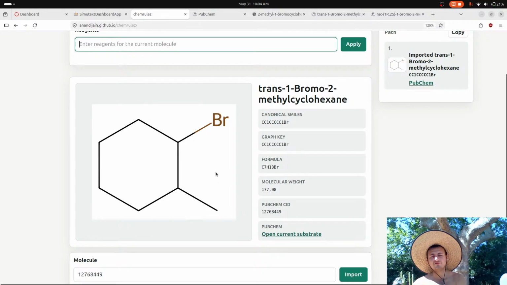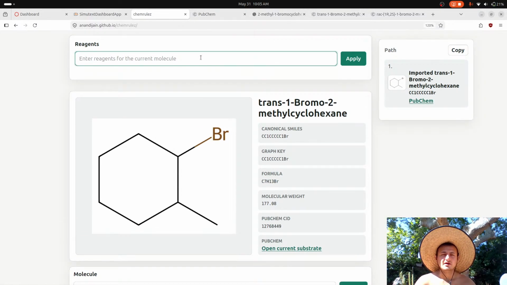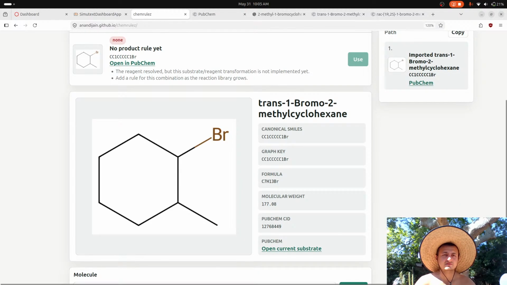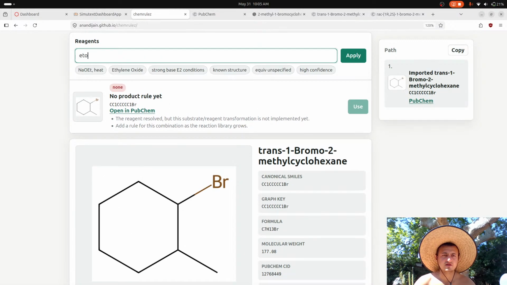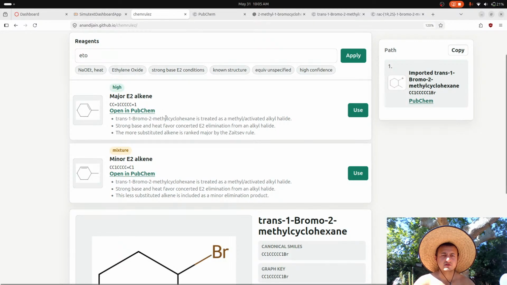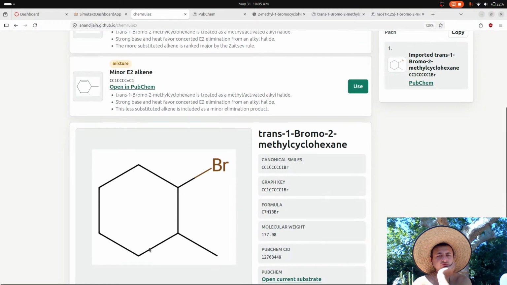Okay, so definitely we need wedges and dashes. But if, okay, here I want to add, what's our standard ethoxide? Wait. EtO. Wait, actually, no, wait. No matter what.